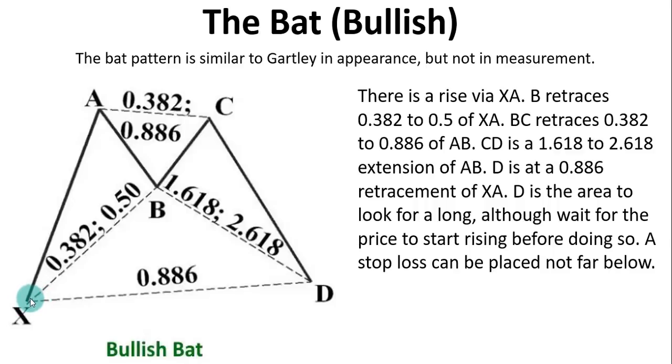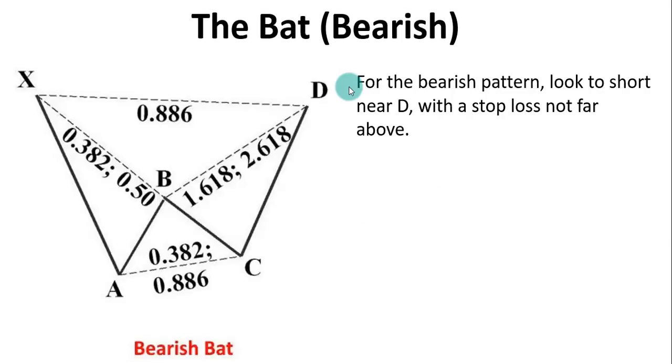However, all these ratios are different in the two types of formations. As usual for the bullish, you go long here, stop loss below here, and price extends upward. For the bat, the same thing applies. You go short here, your stop loss over there, and price goes down.